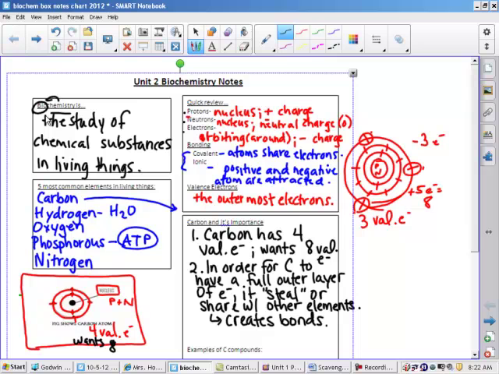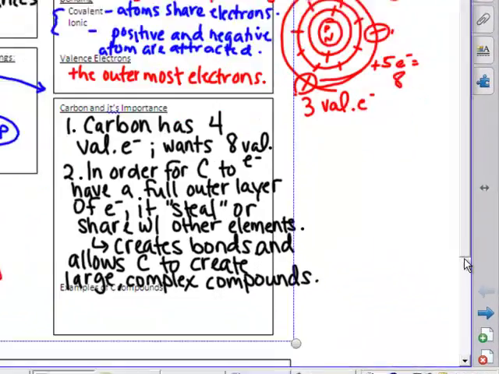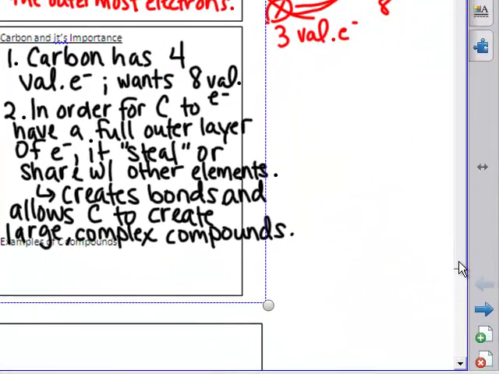So creates bonds, and allows carbon to create large, complex compounds. And that essentially is why we can be so specialized, because we can have some of those larger compounds that carbon allows us to make.